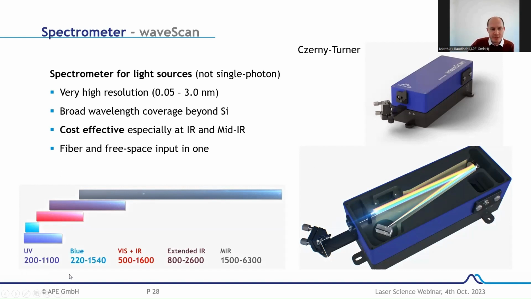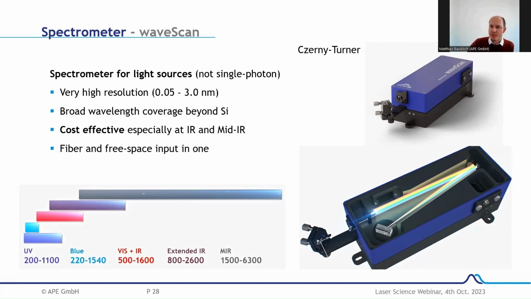So on the bottom left side, you can see essentially different versions and the wavelengths. The units are just missing; all the numbers given there are in nanometers. And you can see you can cover a very wide range. The nice thing about the spectrometer is that typically, if you have spectrometers which go above 1 micron, they become quite expensive due to the detectors which are used there.